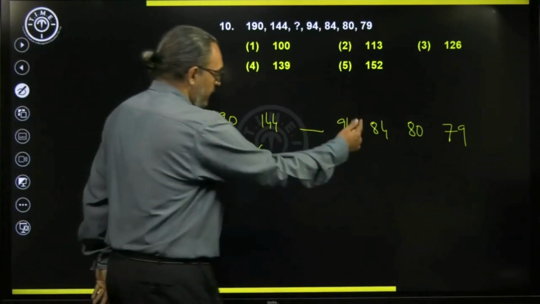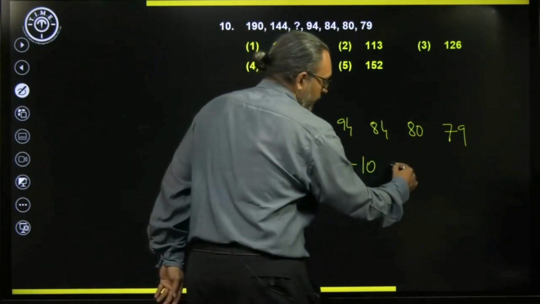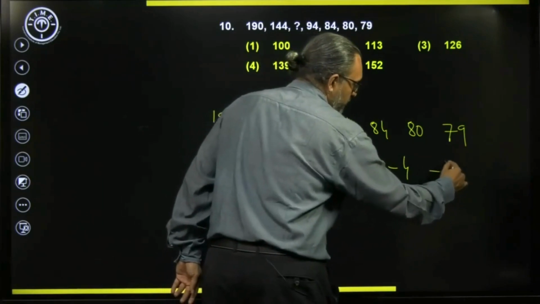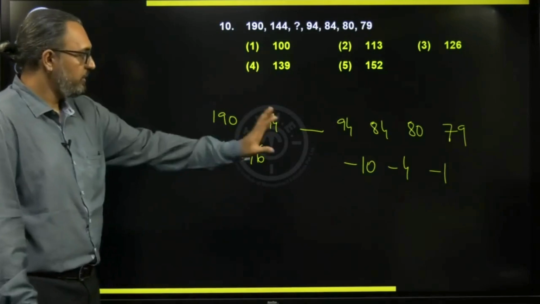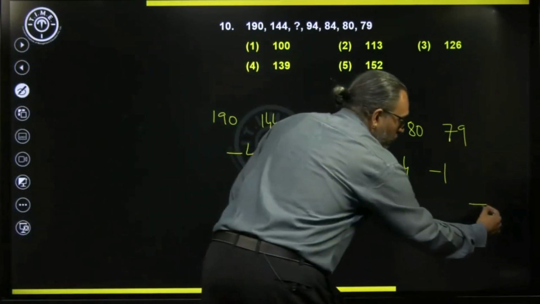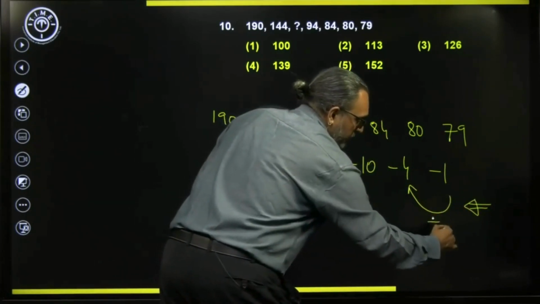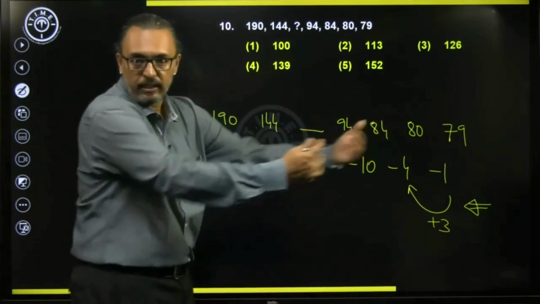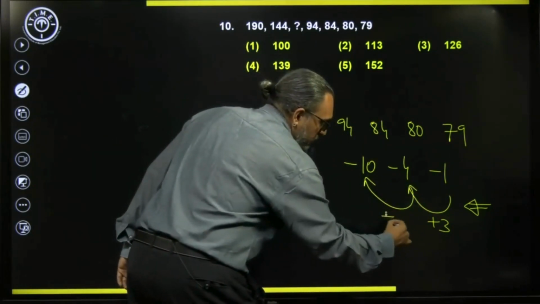Right. And here it is minus 10. And here it is minus 4. And here it is minus 1. Correct. So that is the difference that you are getting. Now what is it that I now see from the right hand side? If I check from 1 to here, there is an increase of 3 happening from the right hand side. Then from here to here, there is an increase of 6 happening.